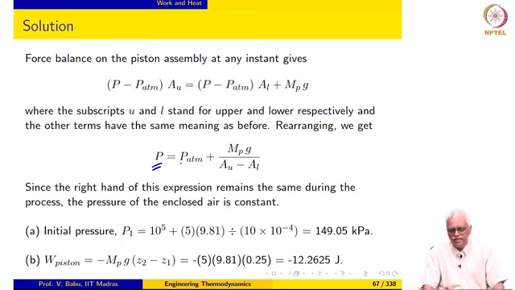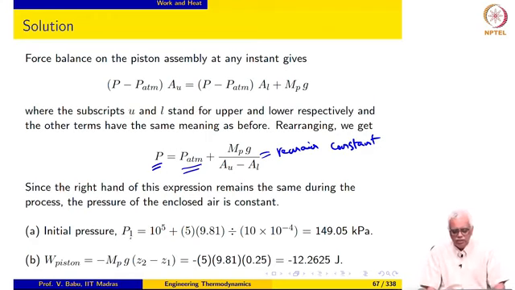So, the pressure at any instant during the process looks like this, and once again we notice that all the quantities on the right hand side of this expression remain constant during the process. Which tells us that the pressure of the air in the cylinder once again remains constant during this process, which then simplifies our integral P dV.